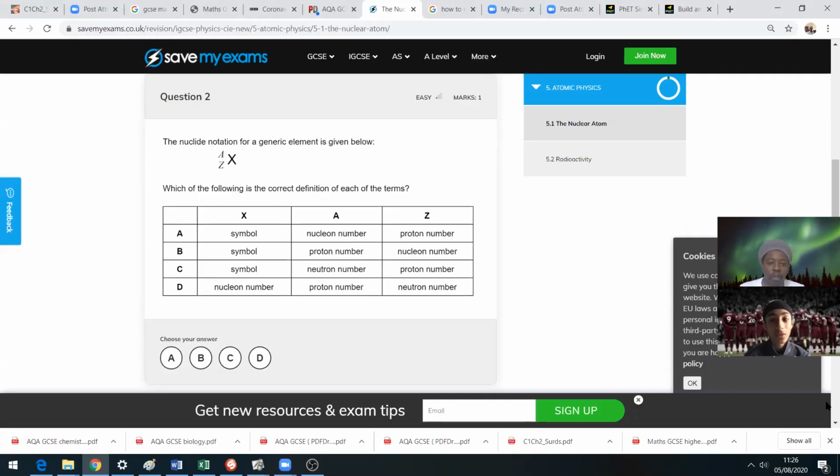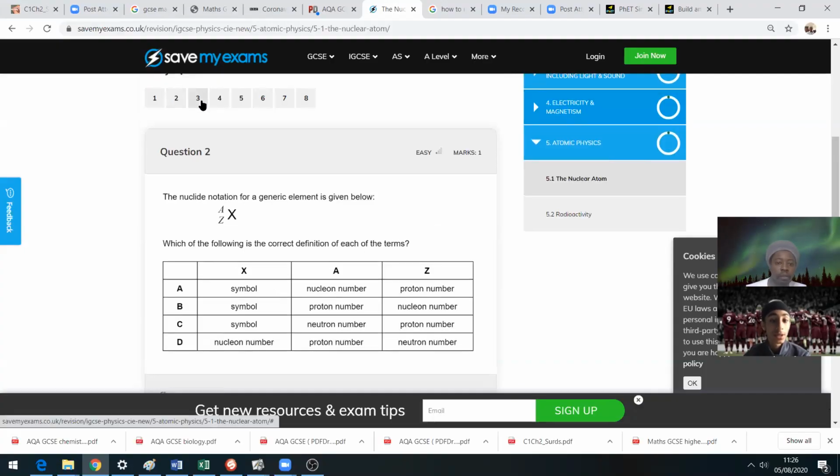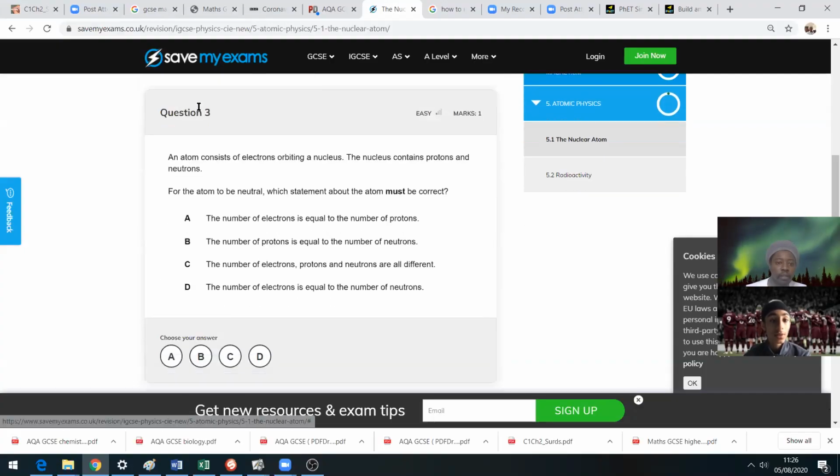Correct, well done. A is the nucleon number, also known as the mass number. And the Z is the proton number. Correct, well done. So therefore, you have selected A as your answer. Good stuff, top man.